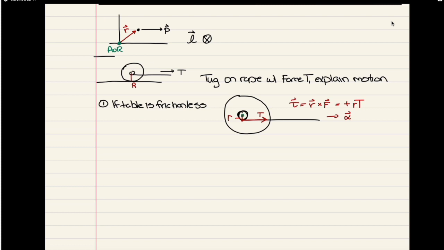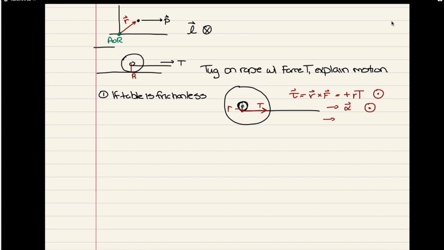We would also say that torque points out of the page in this case, if we wanted to specify the vector. That also implies that the angular acceleration points out of the page. And so after some time delta t, omega eventually points out of the screen.